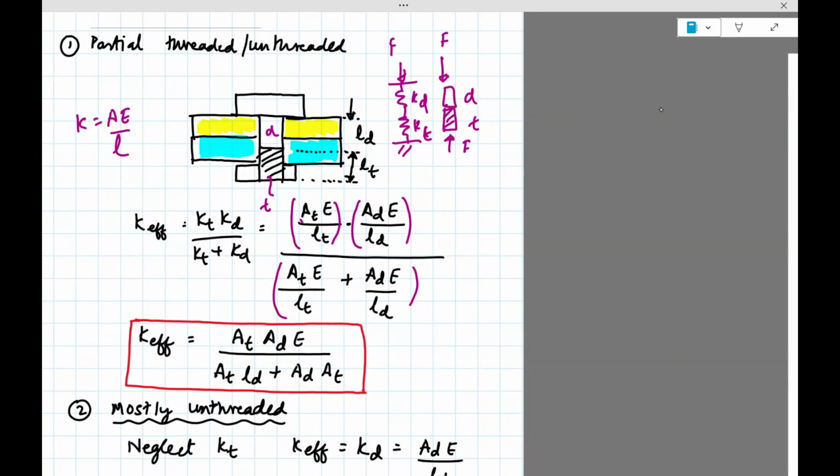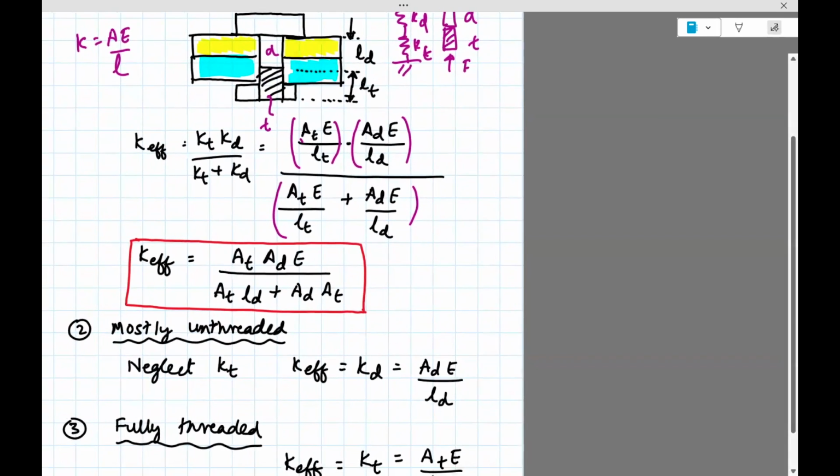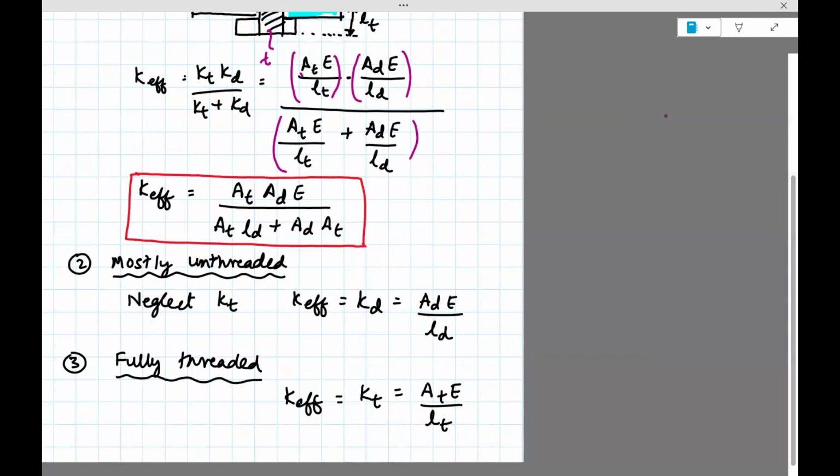and no threads. If, however, you can approximate the screw to have only no threads, which is very rare, or really you cannot have a screw without threads, but if the threaded part is really small, then it doesn't really affect the stiffness. You can neglect KT and you get K effective is just KD, AD, E divided by L. Okay, so you can neglect KT.